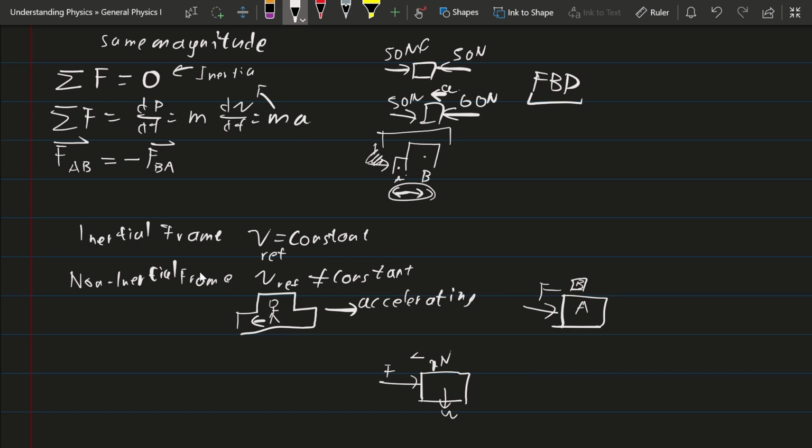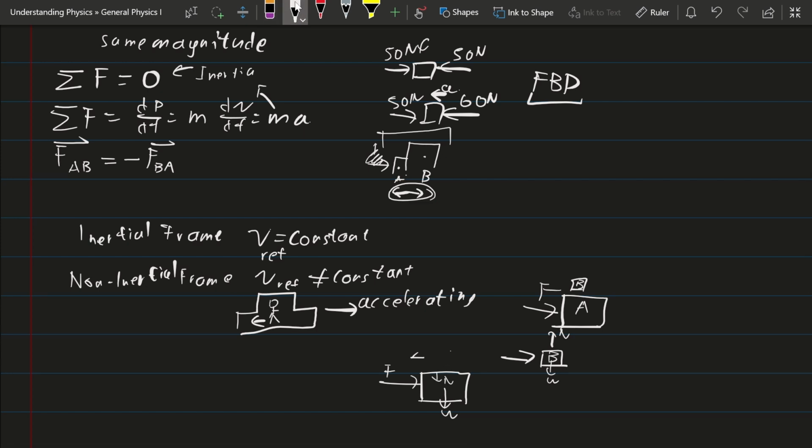So, what about this second block? Well, we know for a fact that it is moving in this direction relative to the ground. So we would figure out that there's a force going in that direction, which is the friction, and then there's a normal force and there's also the weight. So here's the thing. Which of these are the action-reaction pair?